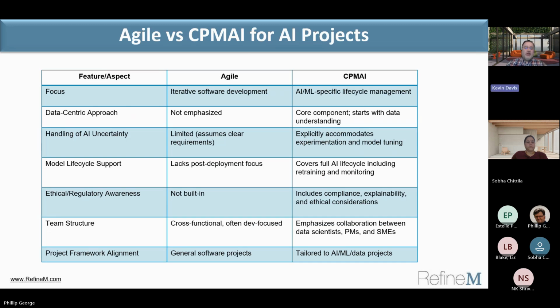Of course, there are aspects to compare between Agile and CPMAI. One of them is focus. Agile is iterative software development, whereas CPMAI is AI/ML-specific life cycle management. A data-centric approach is not emphasized in Agile, whereas with CPMAI, a core component starts with data understanding.